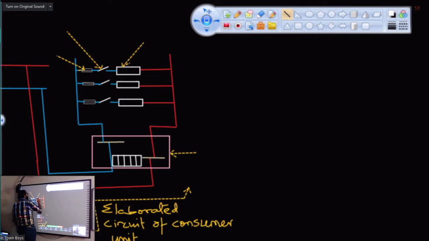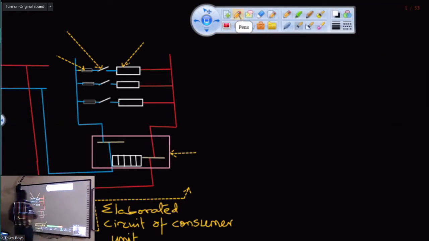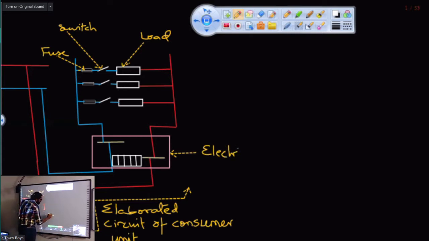So this is a load. I'm going to label them fuse, switch, load, resistor or a load, and this is an electricity meter. It measures the unit of electricity that we are using.